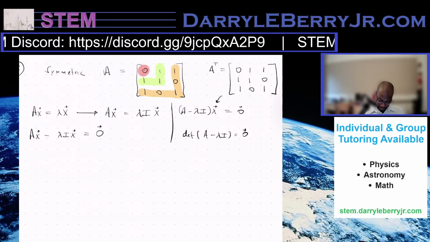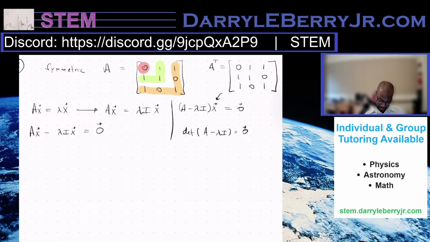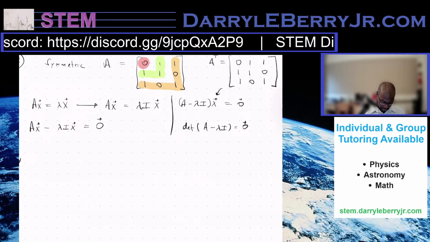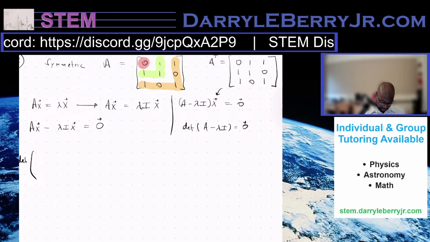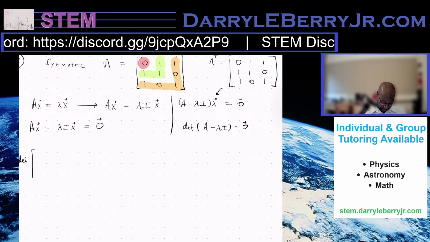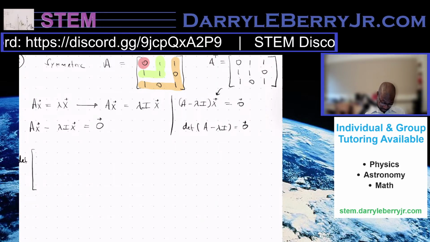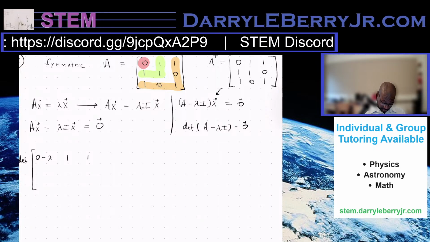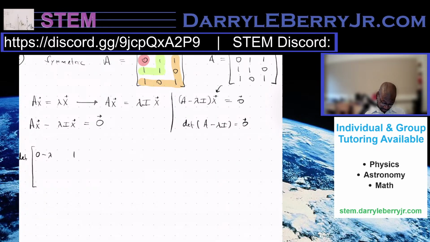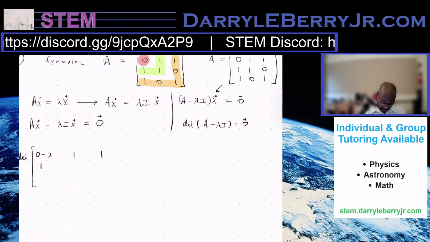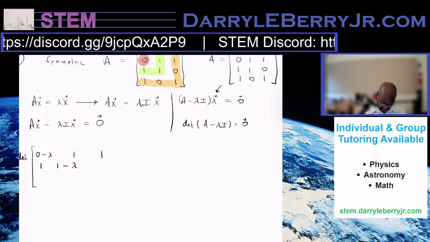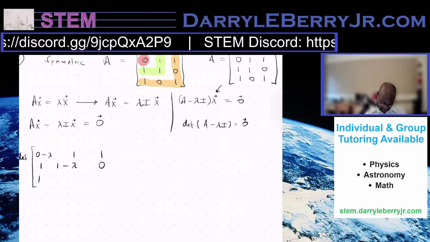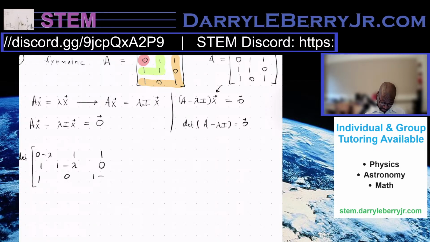So we can say determinant. Now we want the determinant of the matrix with rows 0 minus lambda, 1, 1; 1, 1 minus lambda, 0; 1, 0, 1 minus lambda.